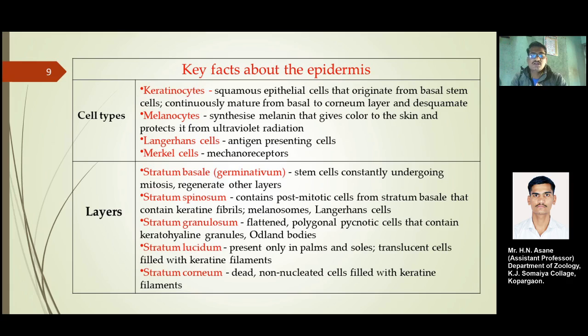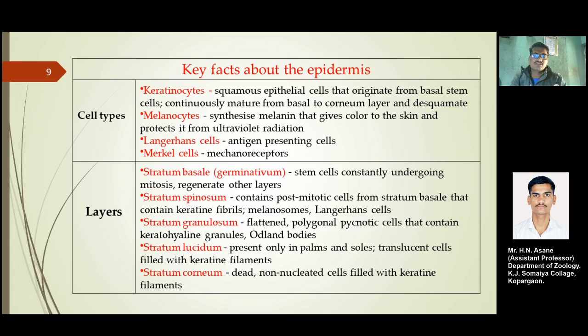Their evolution happened in such a way that melanocytes, or melanin synthesis, is high in those people, which is why they look black.